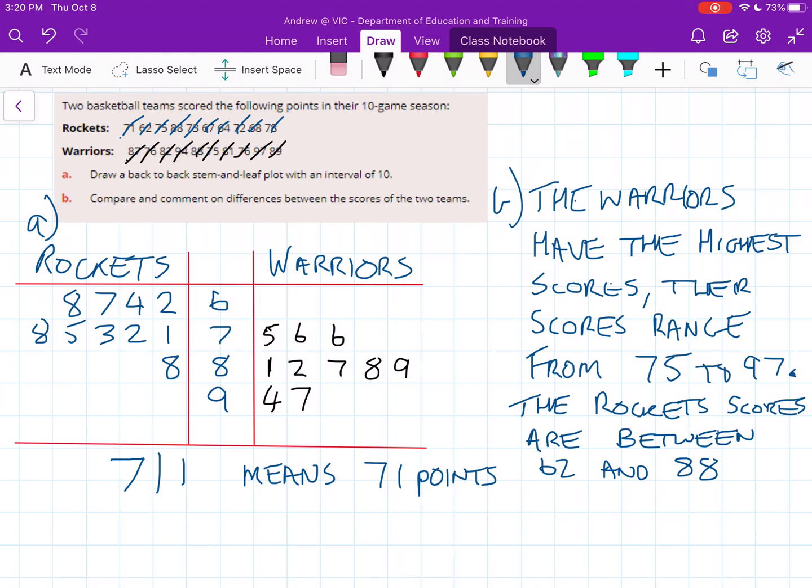Generally scoring below 78 though, because 88 is another 10 higher than their usual score.